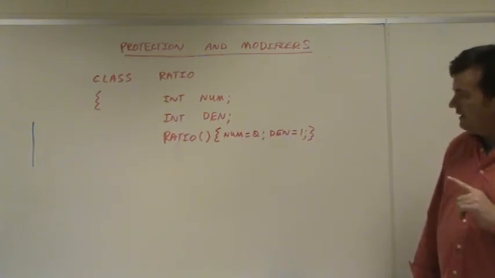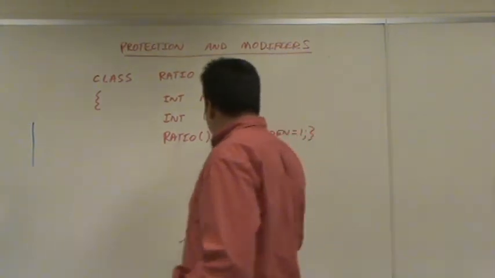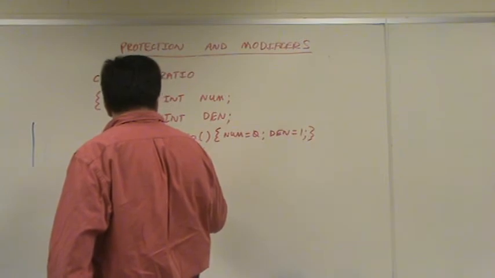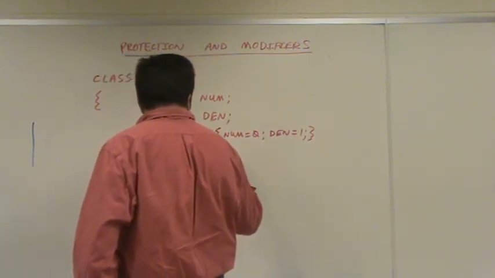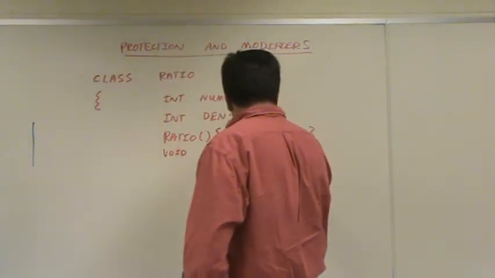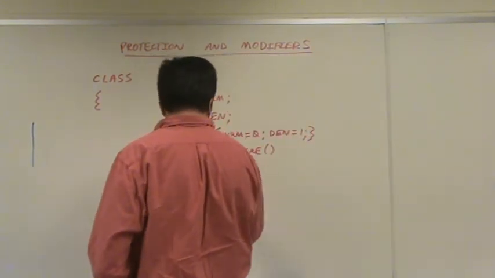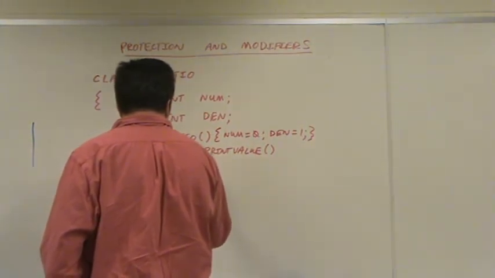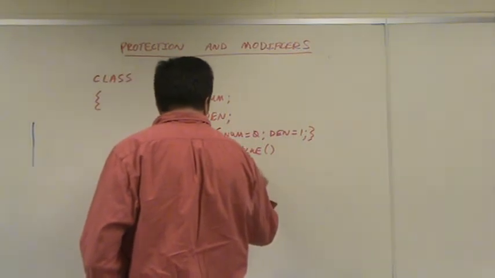Okay, and then let's say we had a method that we want the outside world to use, like print value. So we have a method, print value, and this method would print out the value of the ratio.